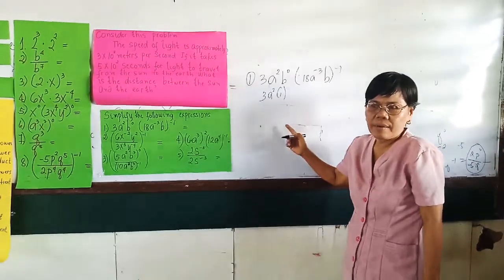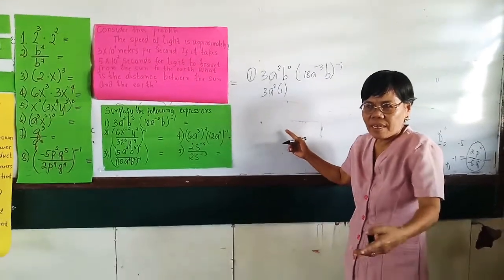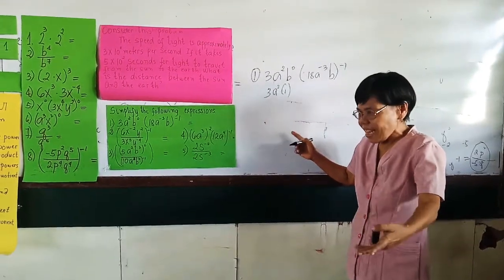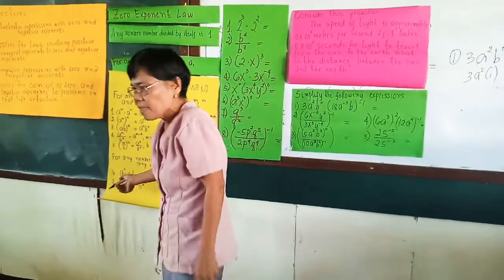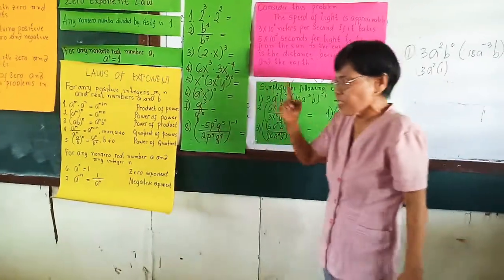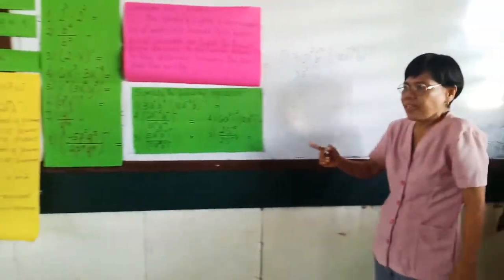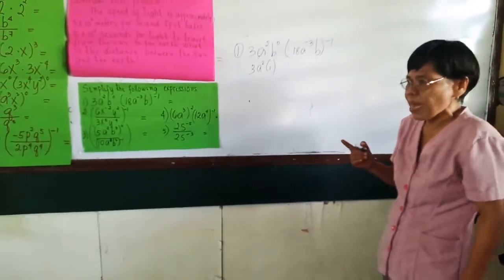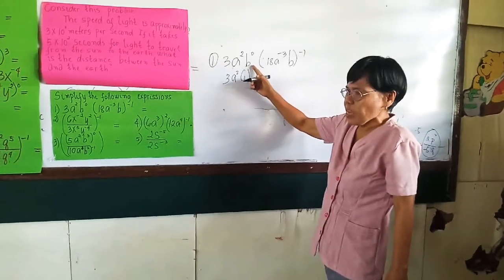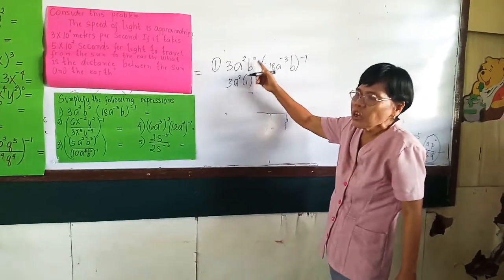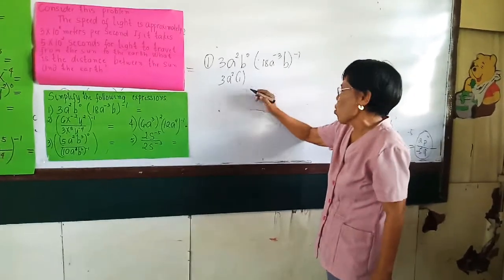Why 1? Anybody? Yes, because of law number 6, if the exponent is 0, the number is equal to 1. So since the exponent of b is 0, automatically this is 1.